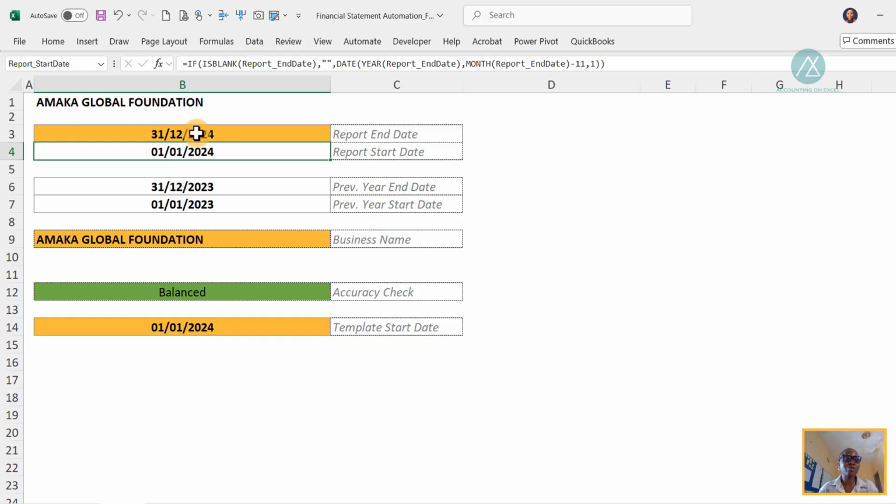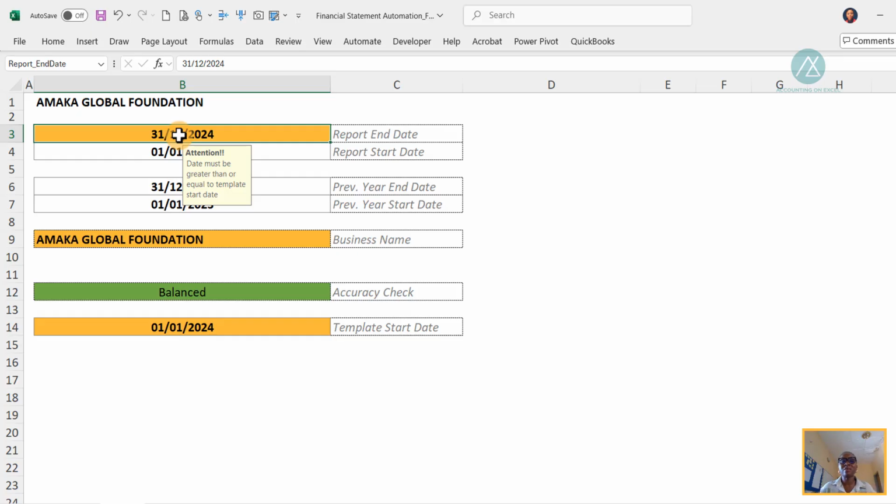So once you have input the date you want to generate the report, it will generate that current date based on the 12-month calendar period for the current year you have input, and also generate the previous year. So the only thing you need to input here is the final date of the report. Let's say you want to generate the report for the year ended 31st December 2024.